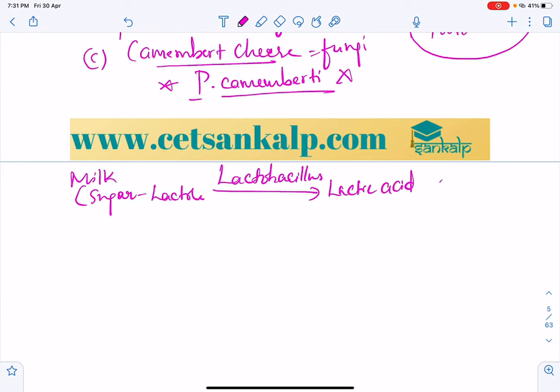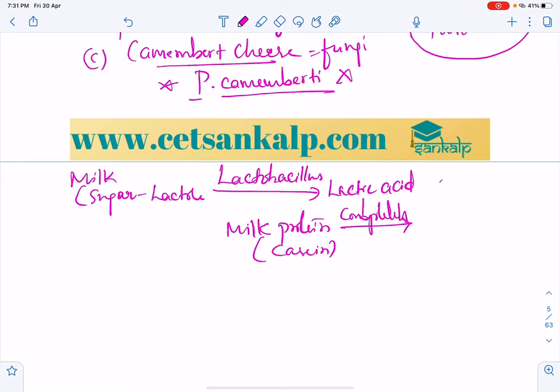The milk is treated at 40 degrees Celsius. Now this lactic acid acts on the milk protein, that is casein. When the casein is completely degraded, we get curd. If it is incompletely degraded, we obtain cheese.